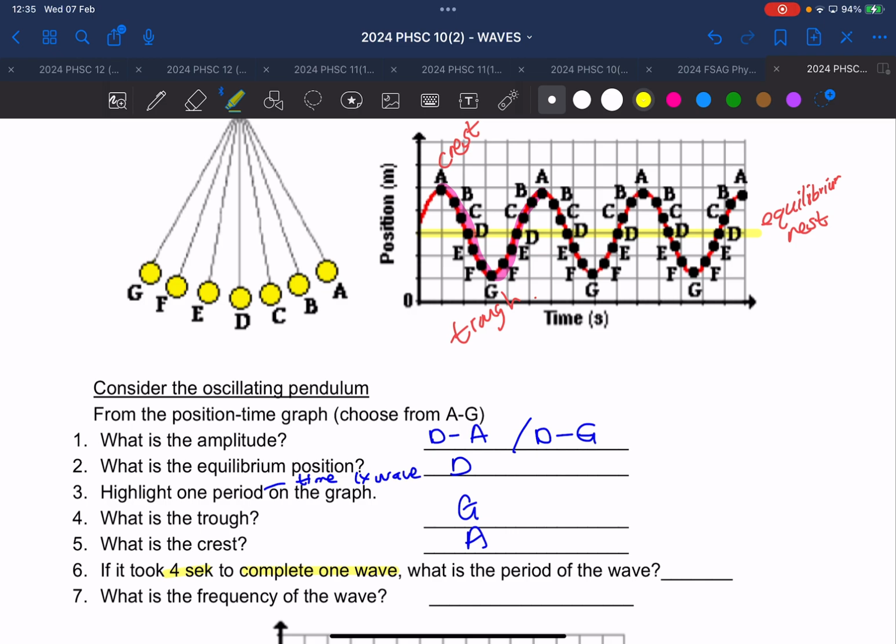Sizwe, what is the period of the wave? If they say 4 seconds for one wave. 4 seconds for one wave. So what is the period? Go back to what is the definition for period?